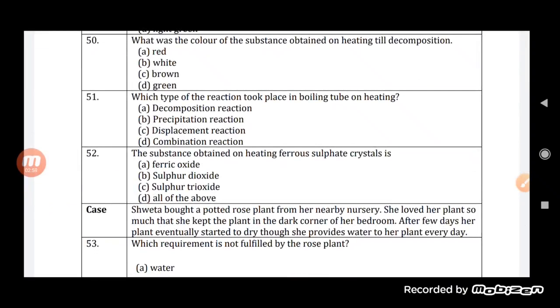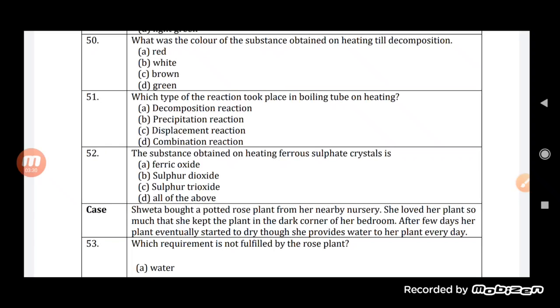Now, what was the color of the substance obtained on heating till decomposition? When we heat the substance, the color changes from green to brown, and the reason is that ferrous sulfate when heated gets converted into ferric oxide, and the color of the ferric oxide is brown.